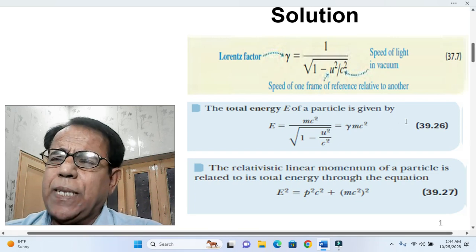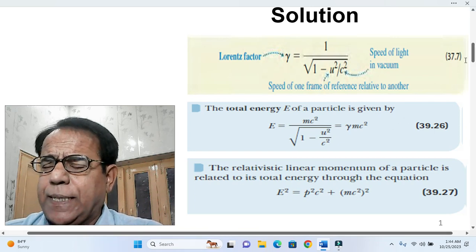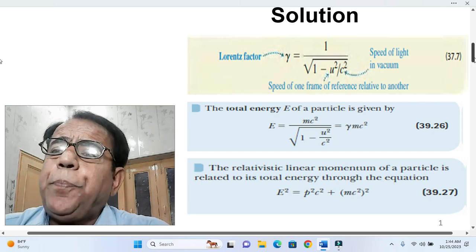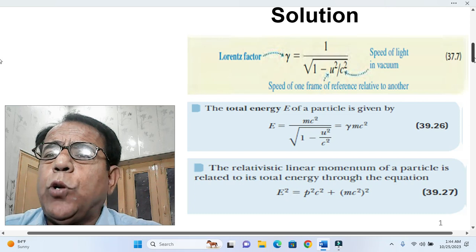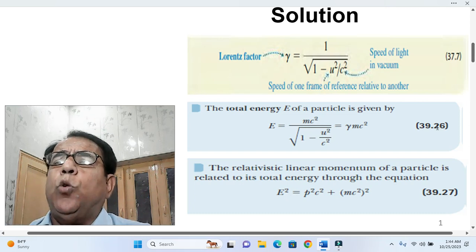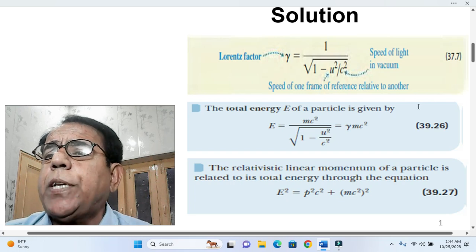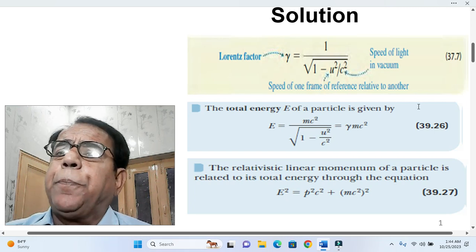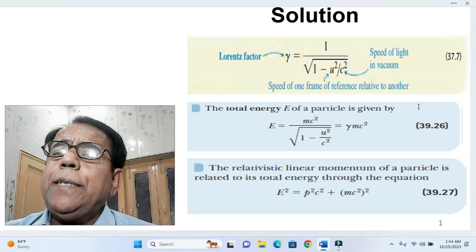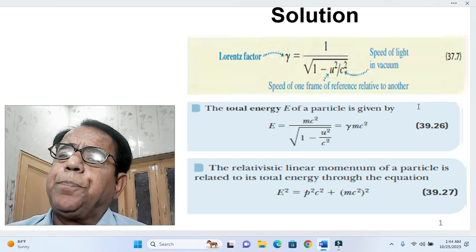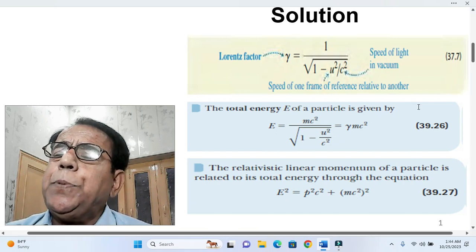Anyhow, it is not very important. The first snapshot is about the Lorentz factor gamma. Gamma is equal to 1 over the square root of 1 minus u square over c square, where u is the speed of one frame of reference relative to another, and c is the speed of light in vacuum.